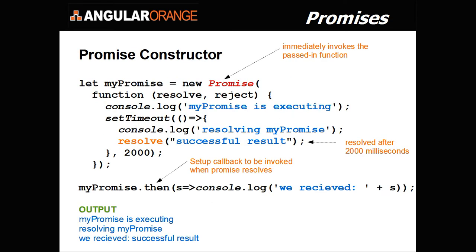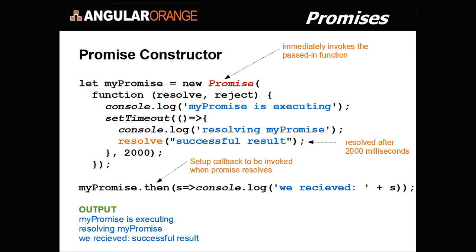Okay, so let's look at the simple promise constructor. You do a let myPromise equal to a new Promise. That is, you use the constructor, and you pass in a function that's immediately executed upon instantiation. The function could have a resolve and a reject argument.